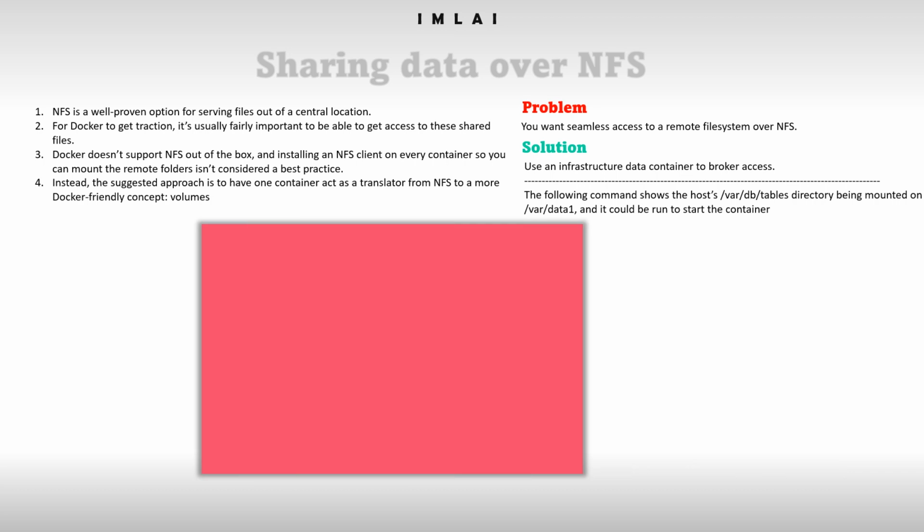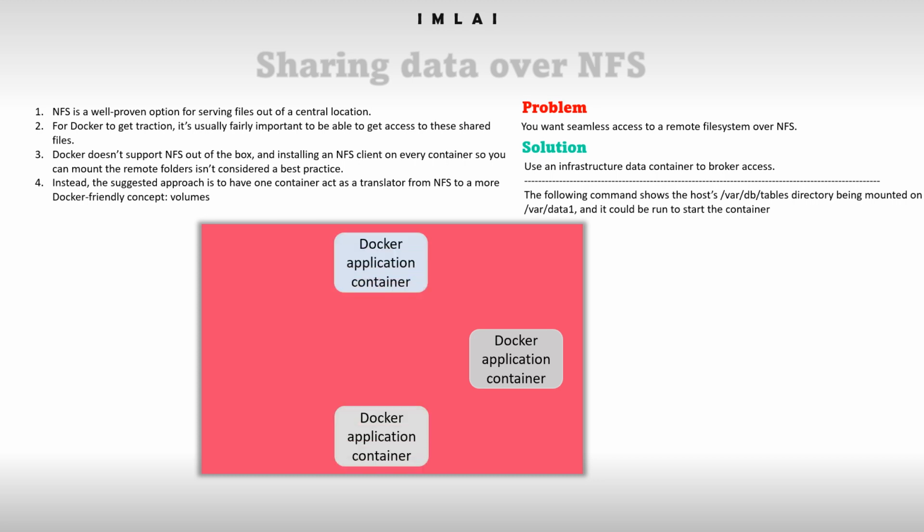This is our Docker host machine. Inside that we have hosted and spun Docker application container 1, Docker application container 2, and a Docker NFS client container, and so in total we have hosted 4 containers.